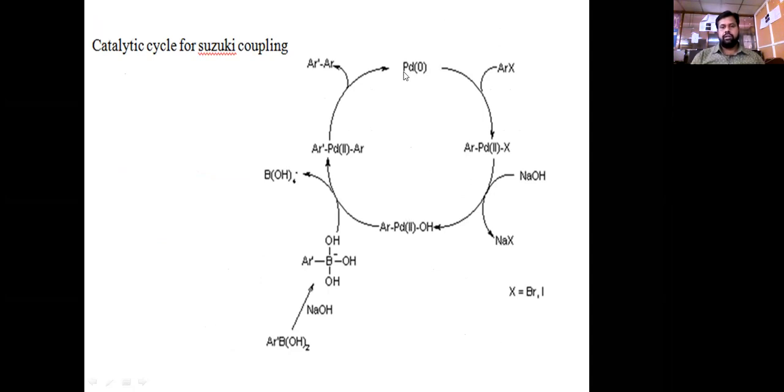Okay, so here it is a palladium 0, and X is reacted with the palladium 0, and you will get a palladium with +2 charge, and the aromatic group and halogen have been incorporated in this as a product.